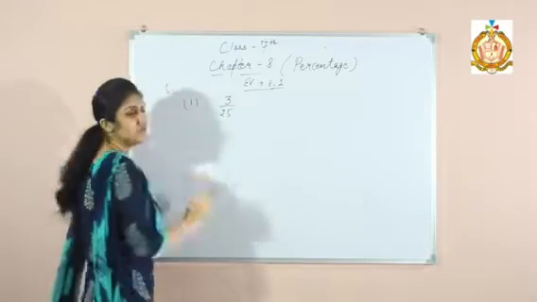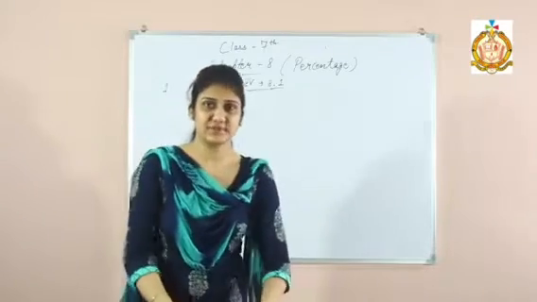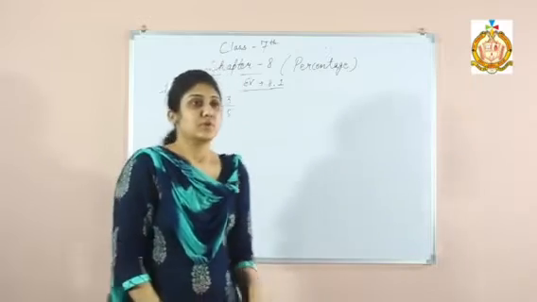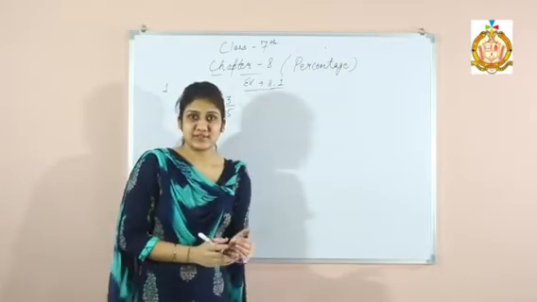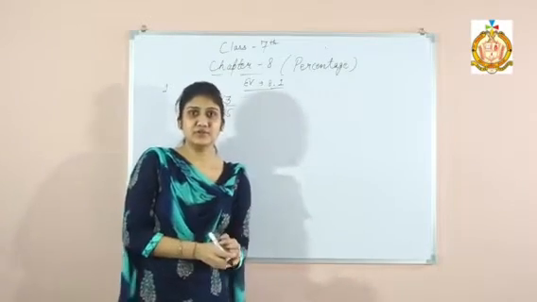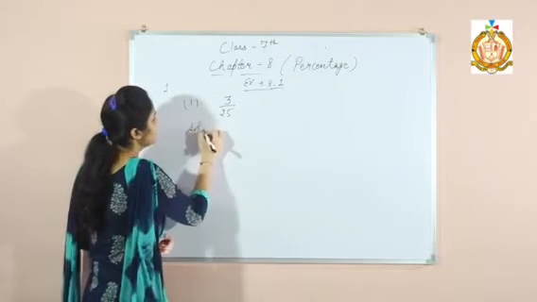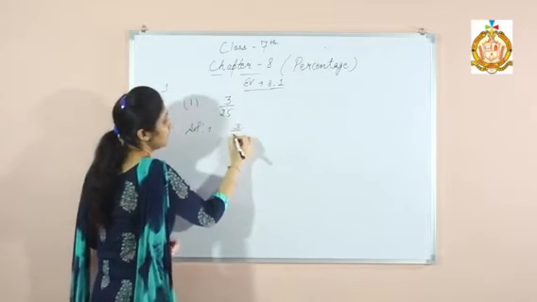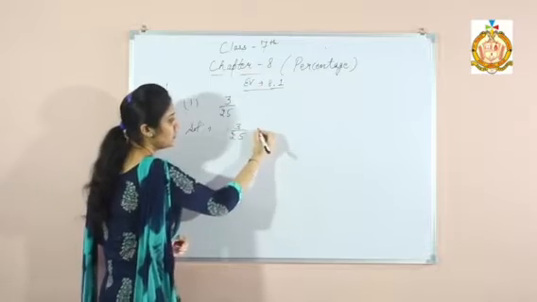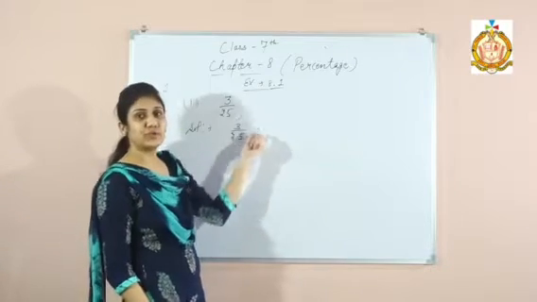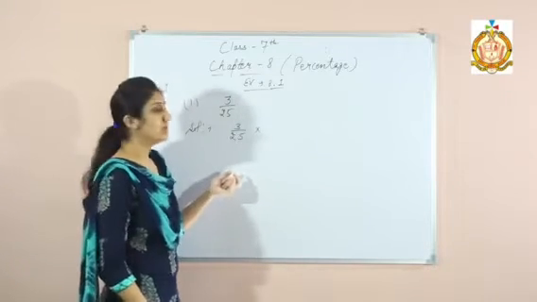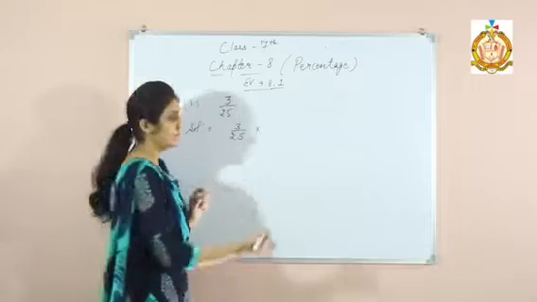We have to convert 3 by 25 into percentage. To convert any fraction into percentage, just multiply it with 100 and you will get the answer. Here the given fraction is 3 by 25. So to convert 3 by 25 into percentage, we will multiply it with simply 100.